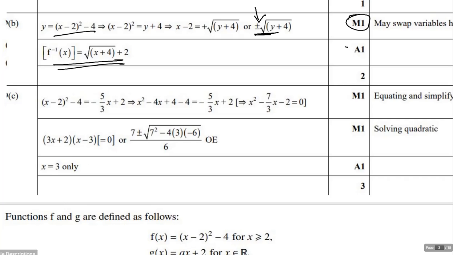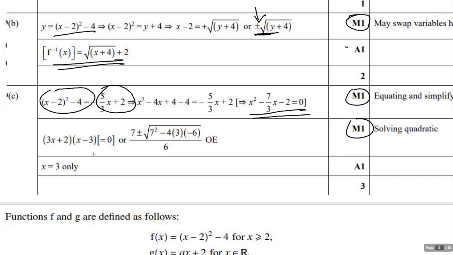And then in part C, you can see where they took the quadratic and made it equal to that line. And then they're just showing us putting it together. And at the end of the day, we need to get this. Here we have our method point, making them equal to each other. And you do need to come up with something close to this.